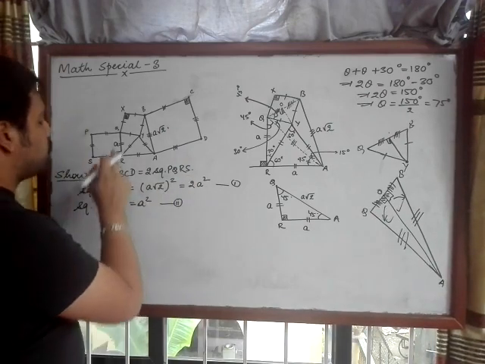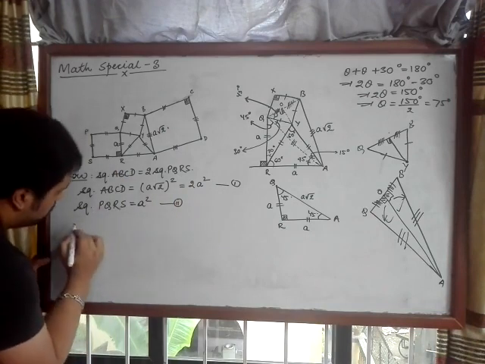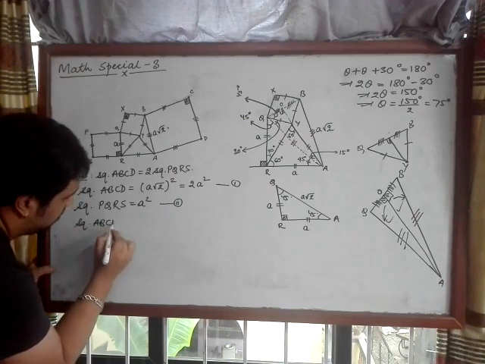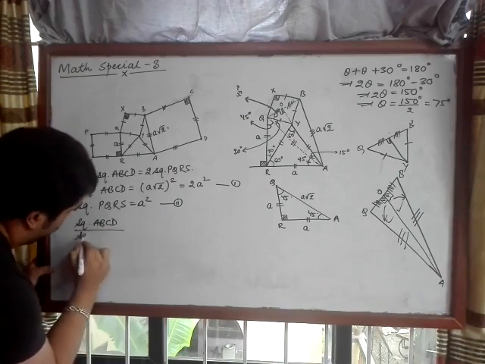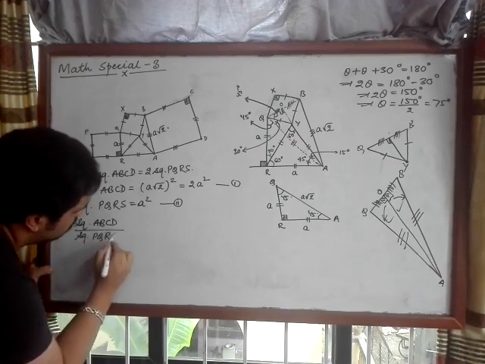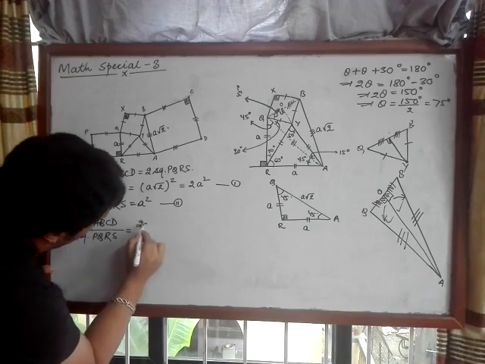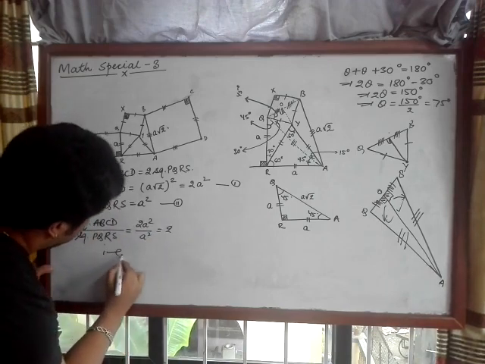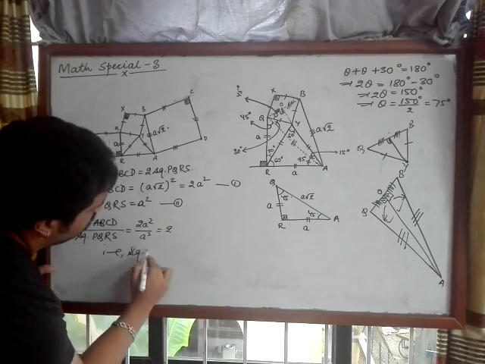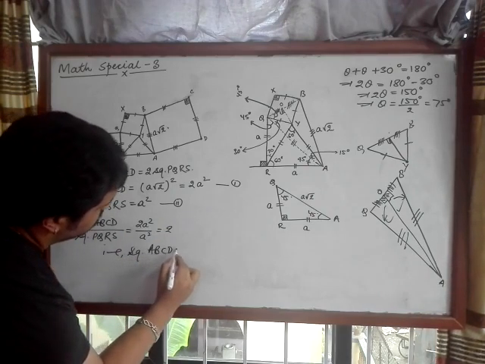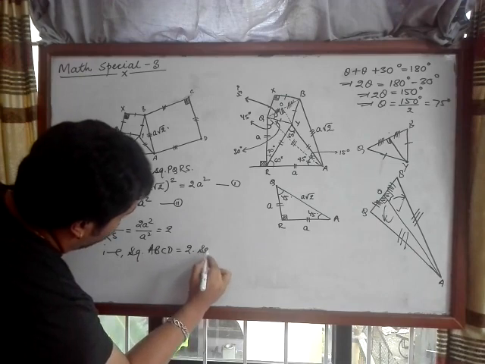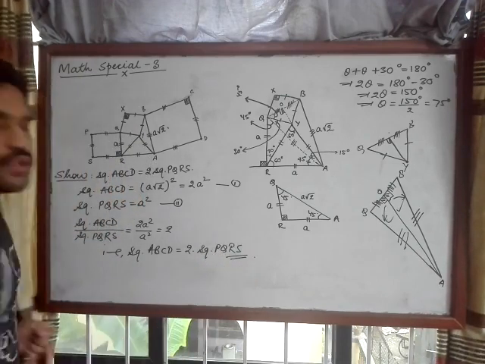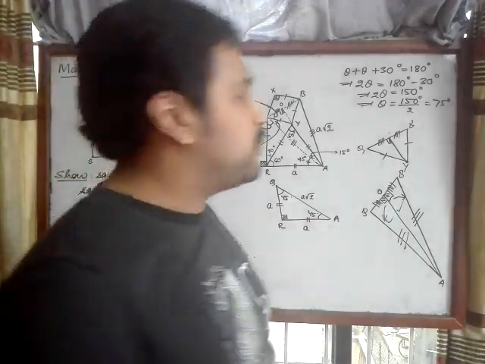So from 1 and 2, if we divide 1 by 2, we get the area of square ABCD by the area of square PQRS equal to 2A squared by A squared, which is equal to 2. That is, square ABCD is equal to 2 times square PQRS, which was supposed to be proved.